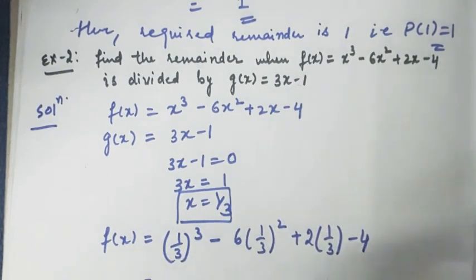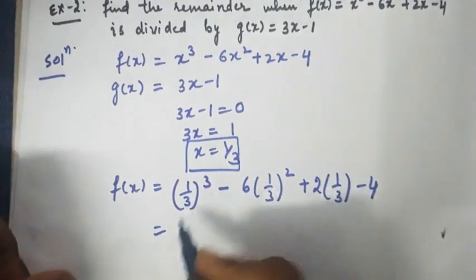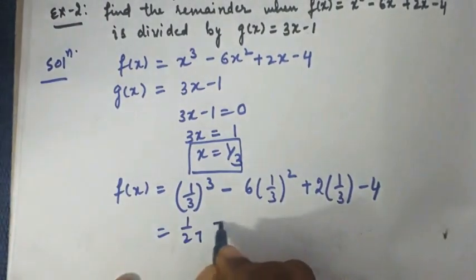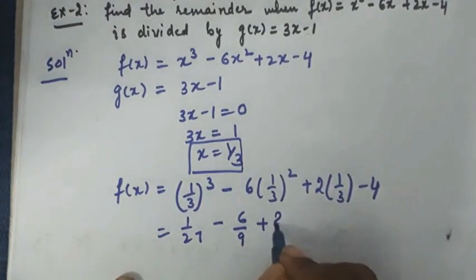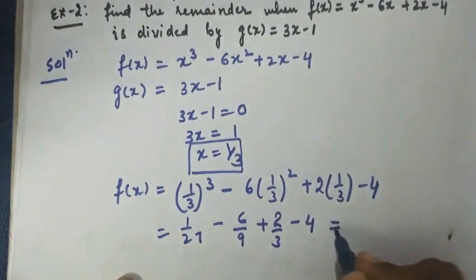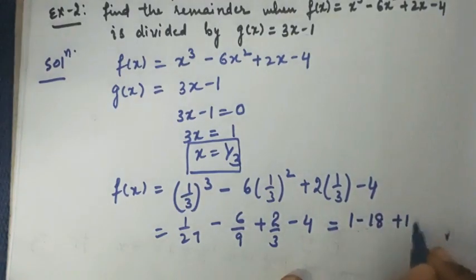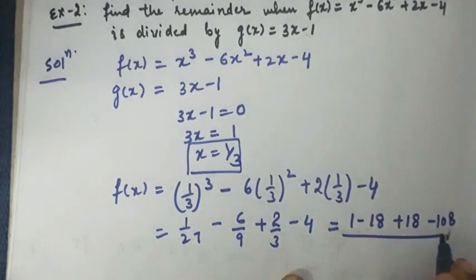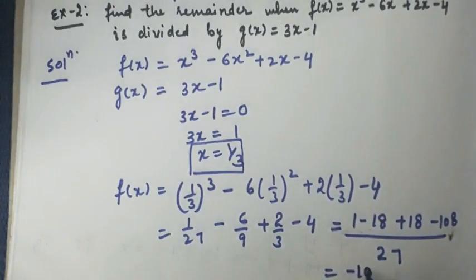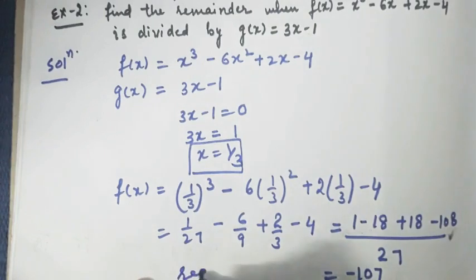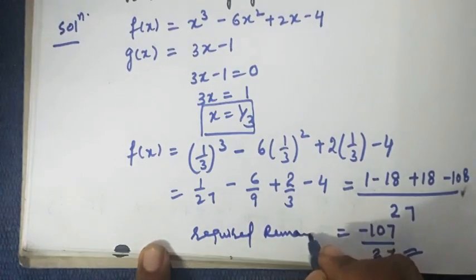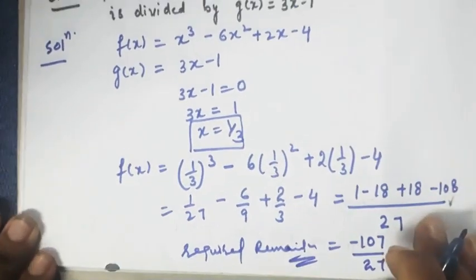By solving this you get 1 by 27 minus 6 by 9 plus 2 by 3 minus 4. By simplifying it, you get 1 plus 18 minus 108 upon 27, and at the end you get the answer minus 107 upon 27, which is the required remainder. Okay, so I hope it is clear.